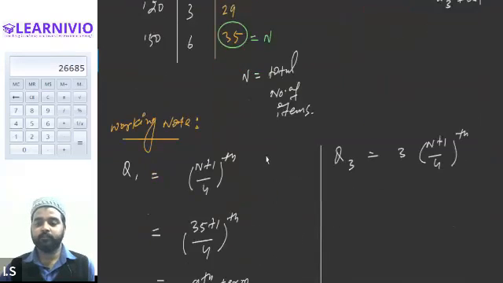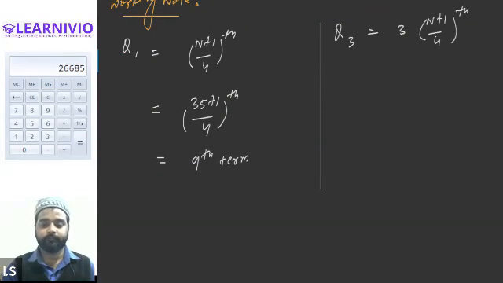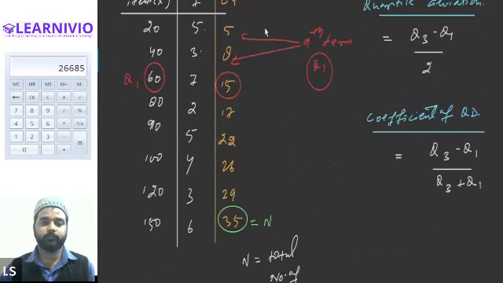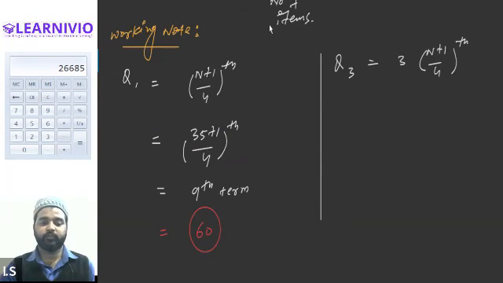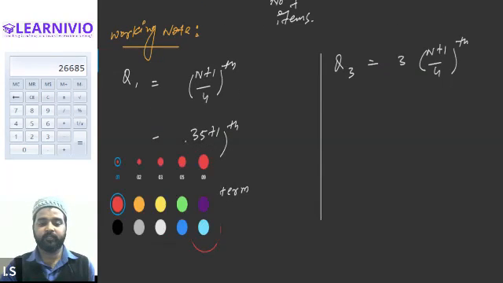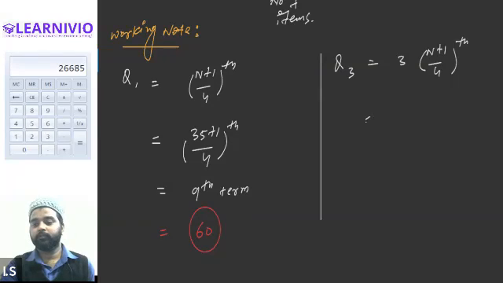Now similarly, we will calculate Q3. So Q1 is 60. For calculating Q3, we will apply 3(n+1)/4. As we know, by calculating (n+1)/4, we got the 9th term, right?